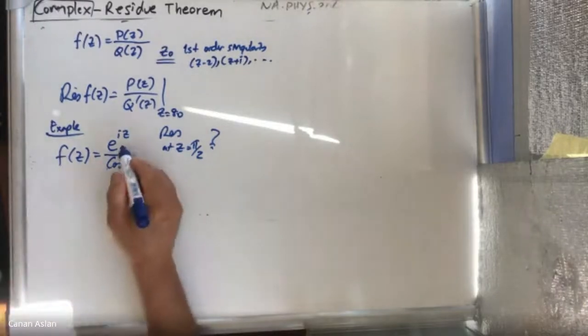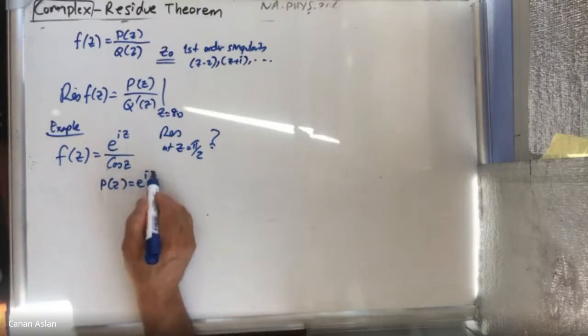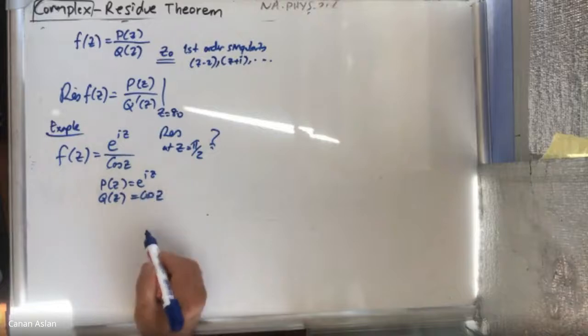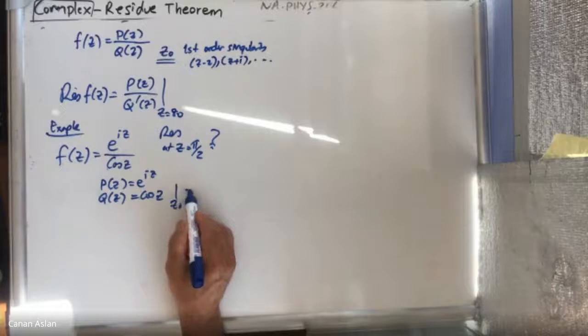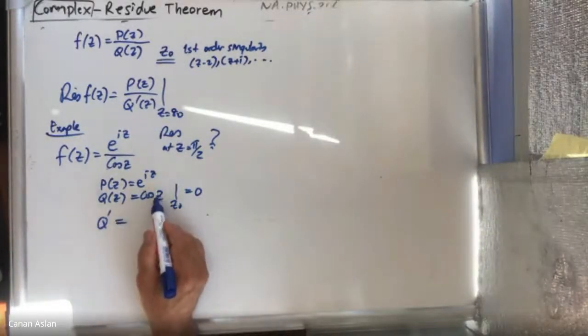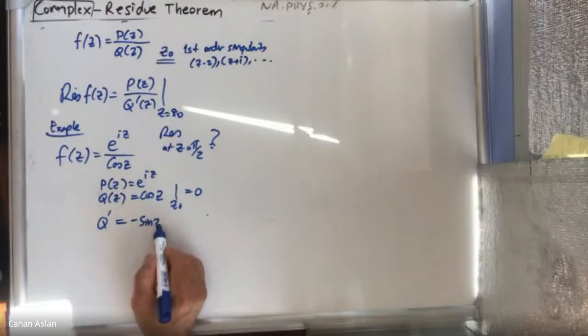So now, as you see, we can say that P(z) here is just e to the iz, but Q(z) is cosine z. But cosine z is 0 at z equals pi over 2. But now what about Q prime? The derivative of cosine with respect to z is just minus sine z. Don't forget.